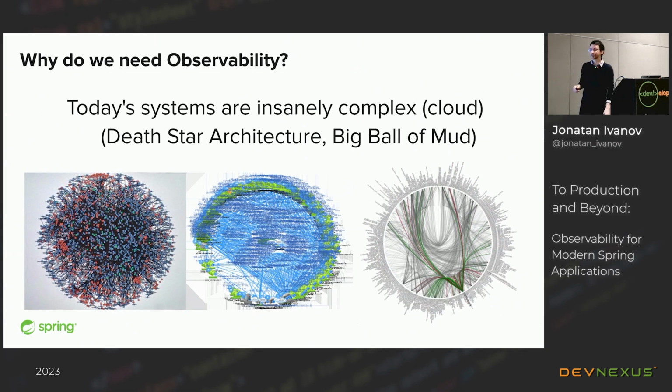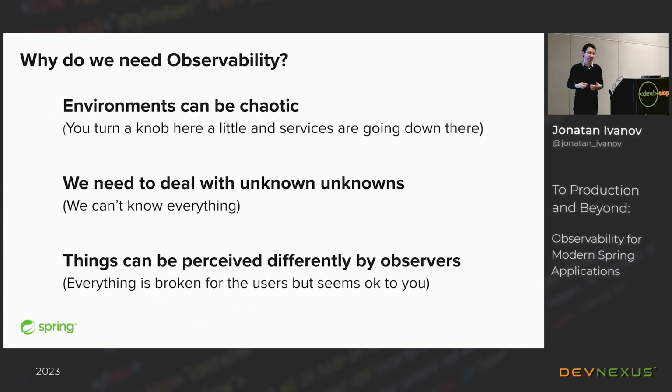That's pretty hard. Also, to make this worse, because of the law of large numbers, if you are at this scale, something is always broken. 100% of the time you have a production issue. And knowing about this and fixing that is challenging.